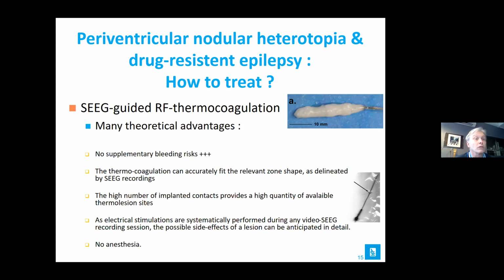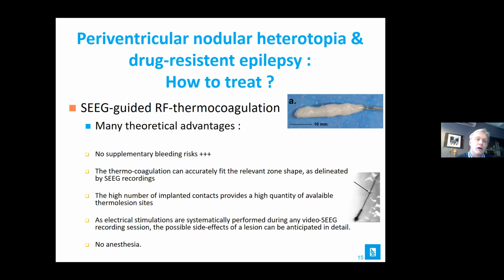As I showed in a former slide, the rather high number of implanted contacts provides a high quantity of available thermolesion sites, which is helpful. As electrical stimulations are systematically performed during any video SEEG recording session, the possible side effects of a lesion can be anticipated in detail, so no need for any test lesion in the operating room, and this decreases the risk.